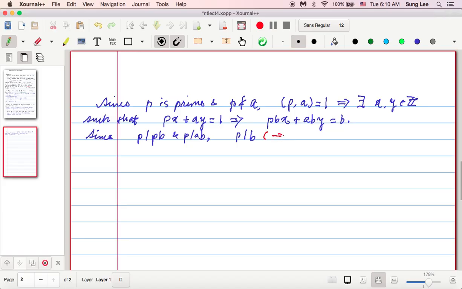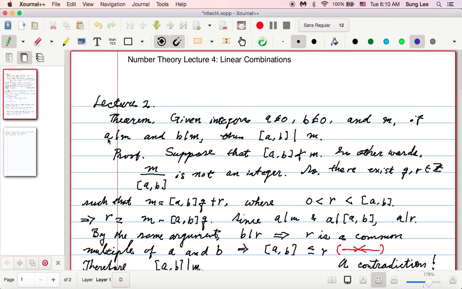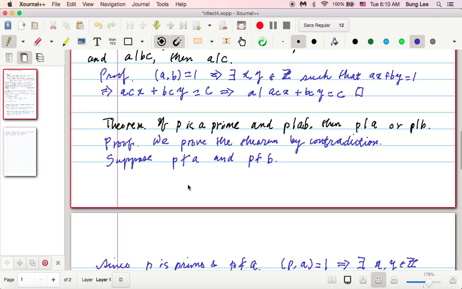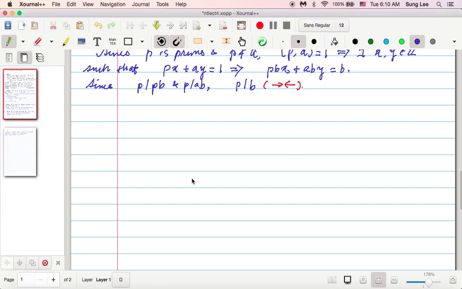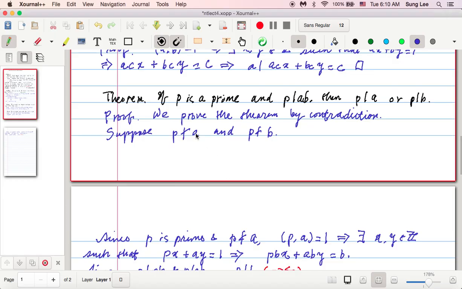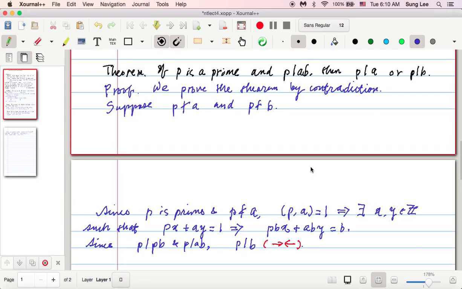A contradiction to what? Contradiction to our assumption earlier. I assumed that P does not divide A and P does not divide B. So it contradicts this here.